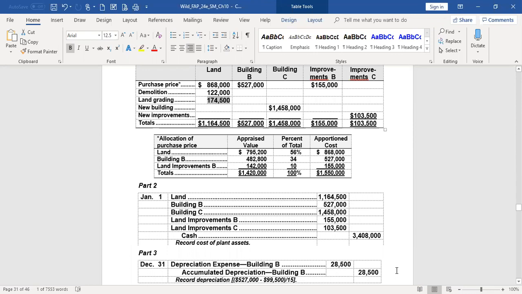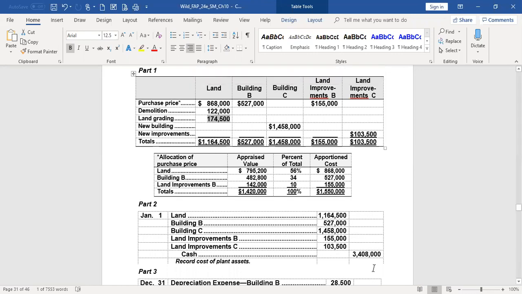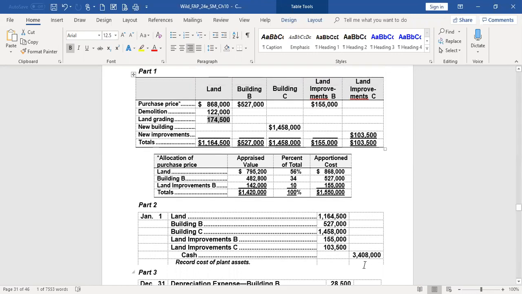Finally, they want us to use straight line method to prepare the December 31st adjusting entry to record depreciation for the first year these assets were in use. So the first thing I did was look to see, when did we buy these? January 1. Okay, then I can calculate a full year's depreciation. The next thing I want to know is land. Can I depreciate it? Nope.